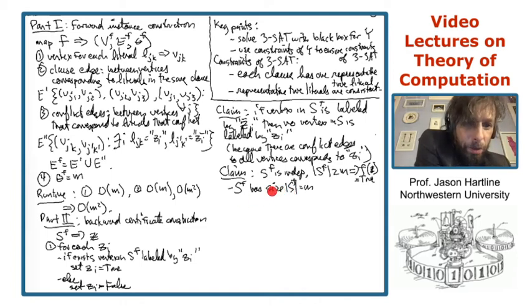Why is that? Well, because we have the clause edges, that means we can select at most one per clause. So if we have size bigger than m and independent, it has to be size exactly m. Okay, so S has size exactly m, and that means we have exactly one vertex per clause.